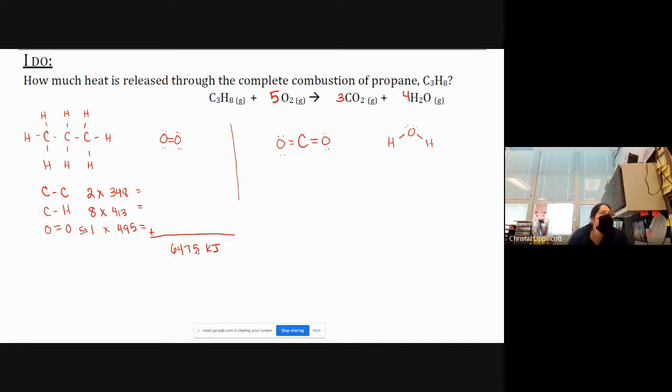So we times it by 3 and 4. Here we've got 2 times 3 times whatever these are. This is for my C=O double bond there.